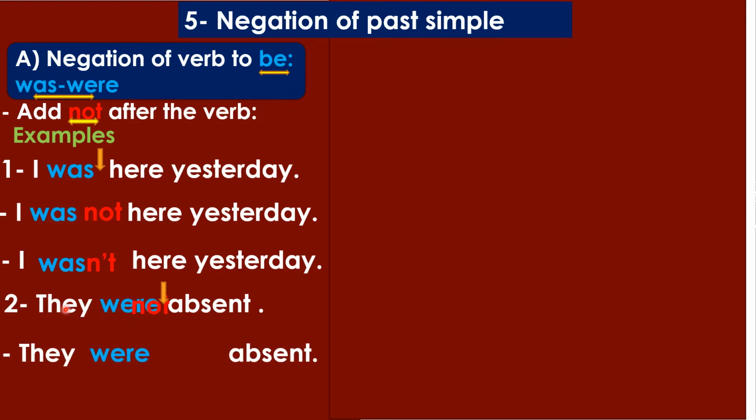They were not absent. Okay, and also I can say they weren't absent. ممكن كمان أقول they weren't. طبعا were not the long form اللي هو الغير مختصر. Weren't the contracted or the short form. We weren't الشكل اللي هو المختصر.